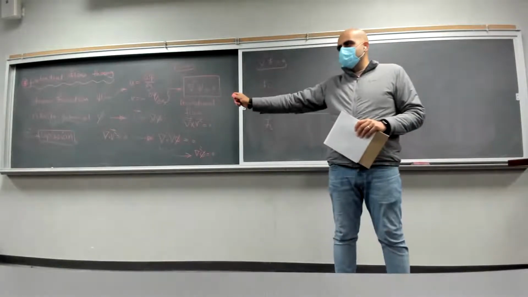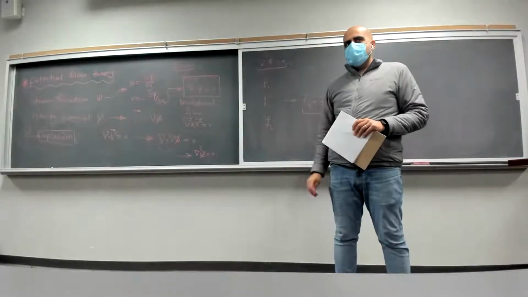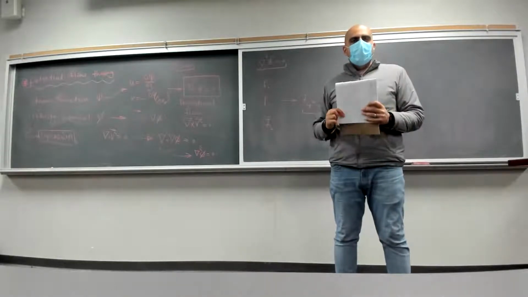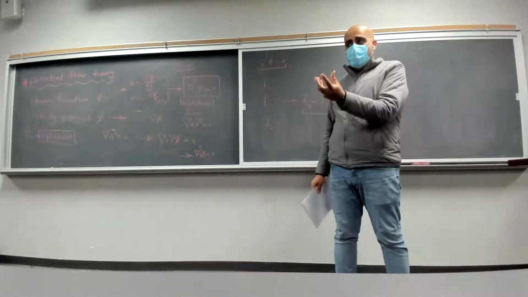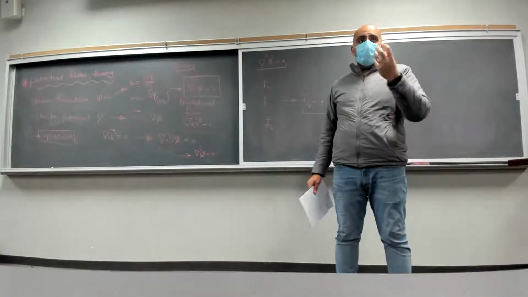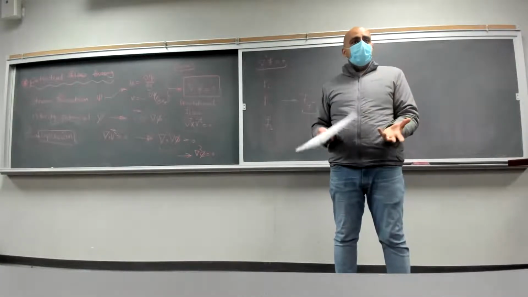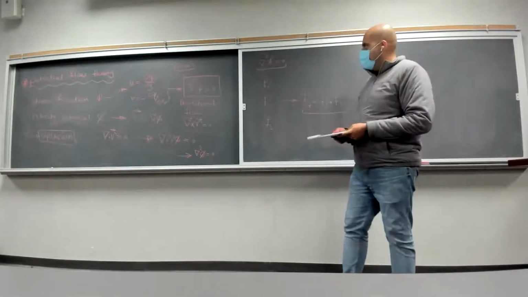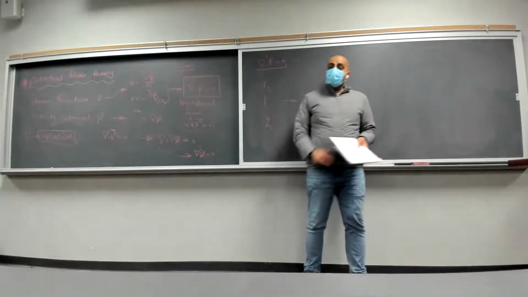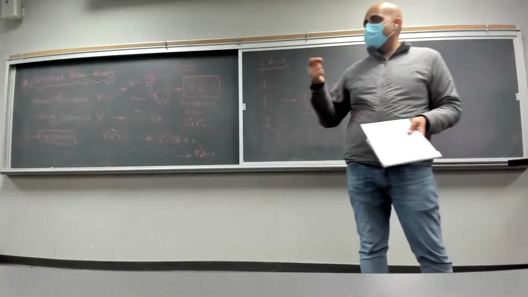Does this make any sense? When you have the stream functions and velocity potentials for simple flows, you can create a more complex flow by just adding the two. You add the two psi's or two phi's, and you can find the velocity distribution for the more complex flow.